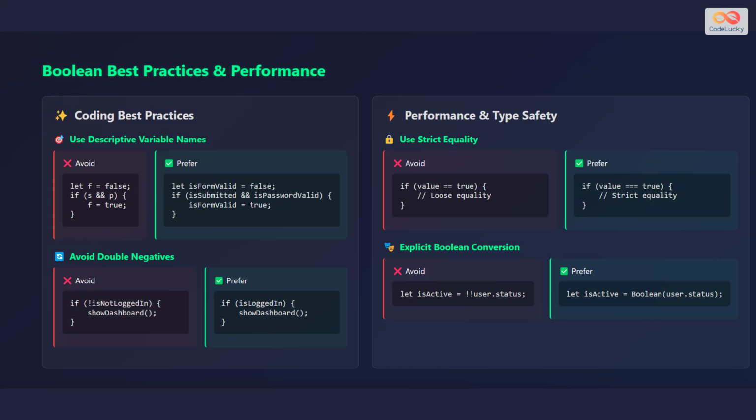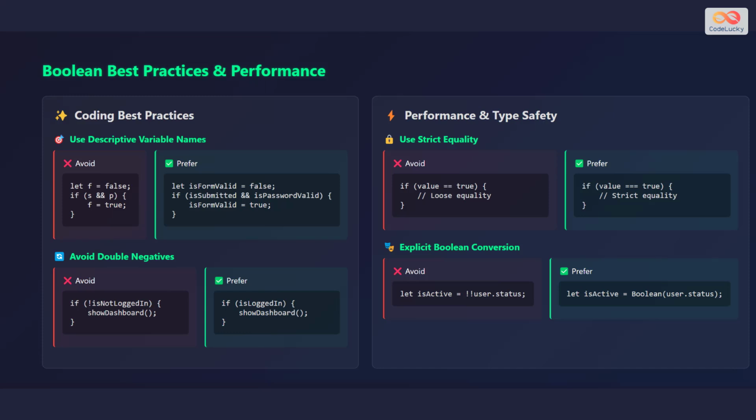Let's look at some best practices and tips when using Booleans. Always use descriptive variable names that clearly indicate the purpose of the Boolean. For example, instead of a single letter variable, use something descriptive like is form valid. Avoid double negatives because it makes code difficult to read. For example, instead of having a variable is not logged in, check for is logged in condition.